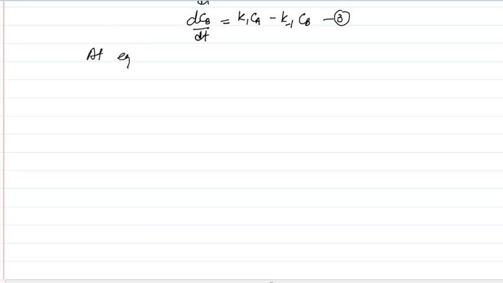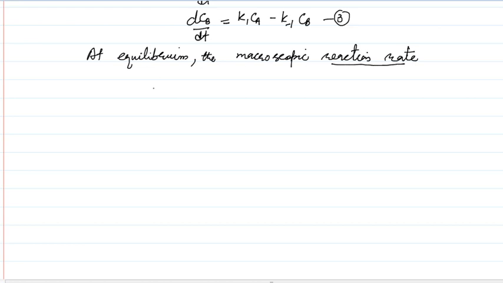At equilibrium, the macroscopic reaction rate we will represent by, suppose, JCH, the chemical reaction rate, which is basically equal to second and third, you can say minus dCA upon dt.